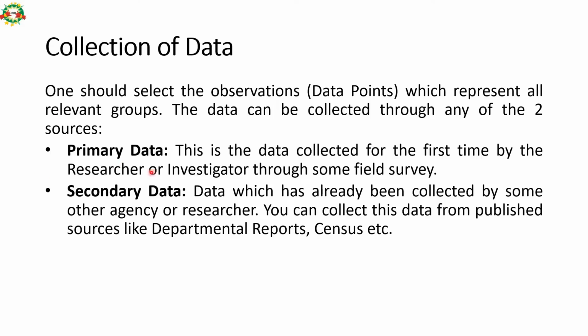Secondary data has already been collected by some other agency or researcher. You can collect this data from published sources like departmental reports or census, etc. So if we do some research through Google, take out some data which is already available, and do some interpretation on that data or compile the data, that is called secondary data.